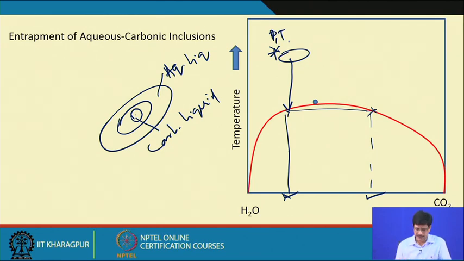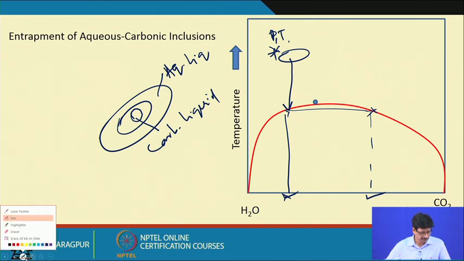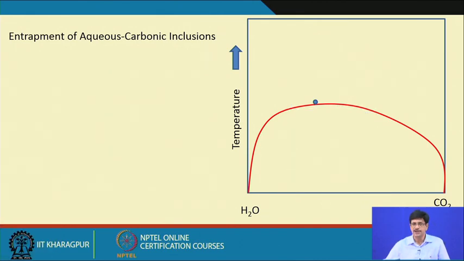So, this explains the entrapment condition of a homogeneous fluid which is water plus carbon dioxide, to the post entrapment change giving rise to an aqueous carbonic inclusion.